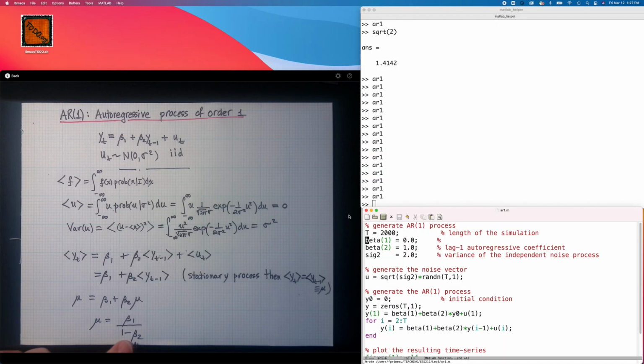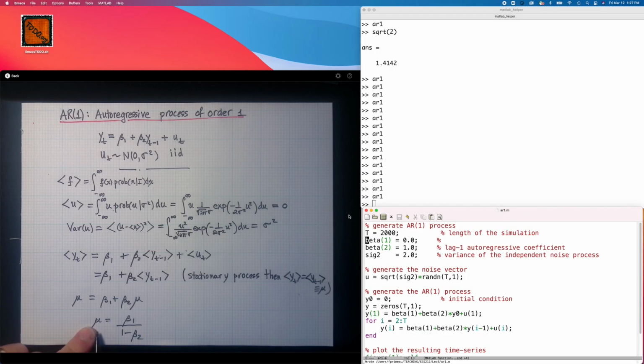And this should point us to what we saw a while ago, that when we put beta 2 equal to 1, we had a random walk where things drifted off. And if beta 2 is made bigger than 1, then we found that the system would explode. But we don't see this from this expression. This seems like it would be perfectly fine to have beta 2 greater than 1.